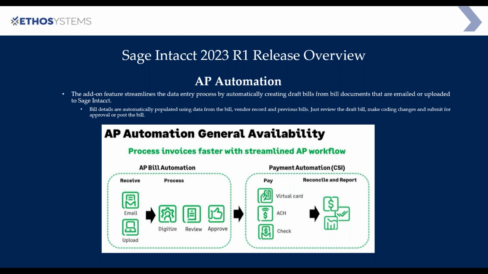So basically you set up a specific email address or a specific area where it will look for the bills, and it will try to use AI to automatically create those bills in draft mode, code them, and fill out as much information as it possibly can on those bills for you. And then you can approve those bills and post those bills and route them around for approval.